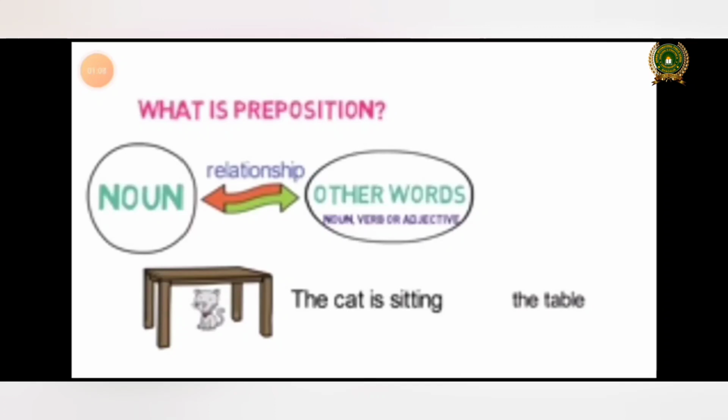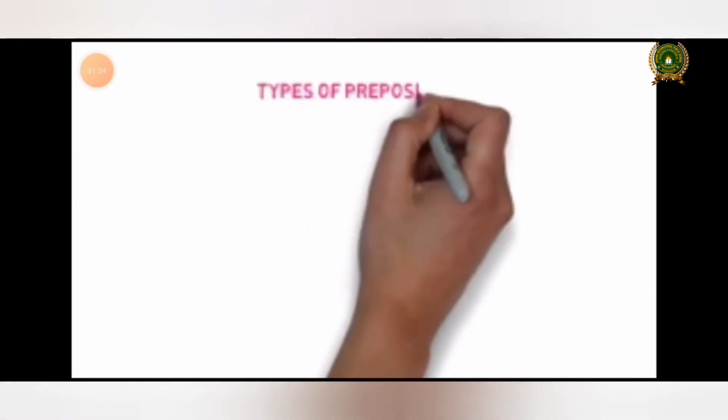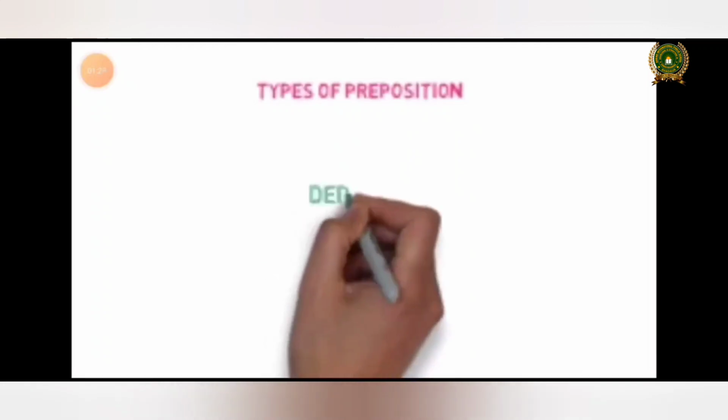So to establish a relationship between cat sitting with the table, we need a preposition. So we will add under. So this is why under is called a preposition, because it shows the relationship of a noun with the other part of the sentence.